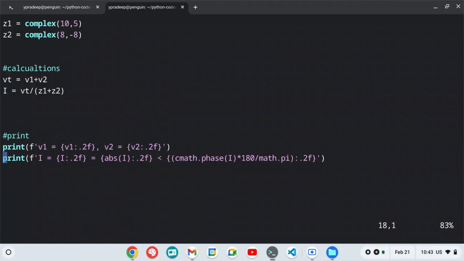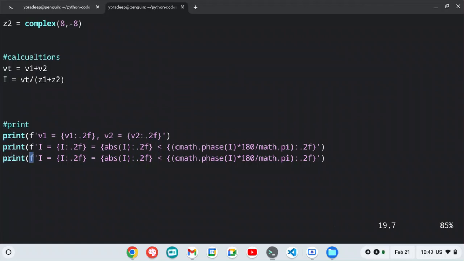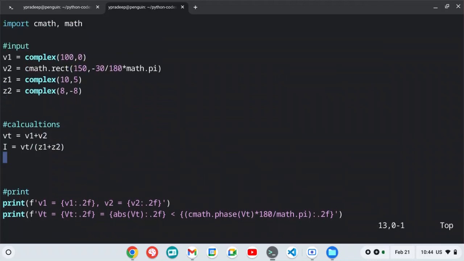So I'll just copy this, and the above line I will change. I'll say Vt equal to. So this one will give both real and reactive components. Then here I will change it to Vt absolute value and then the angle. Now the code is ready.